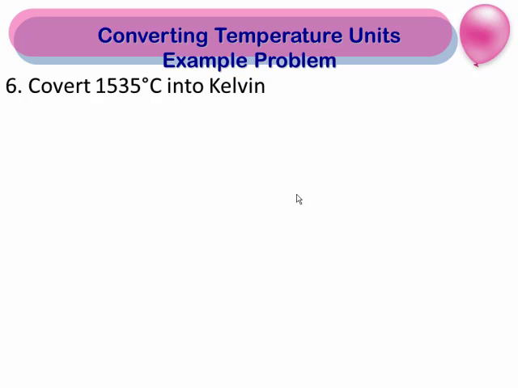In our next temperature conversion, we're going to convert from Celsius to Kelvin. Remember that Kelvin is equal to degrees Celsius plus 273.15. I'm going to plug in 1,535 degrees Celsius. We're going to add 273.15.